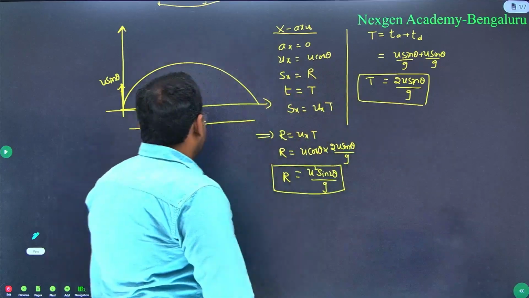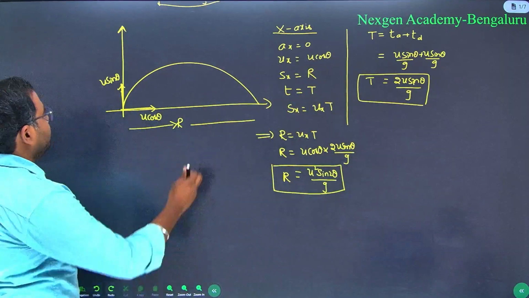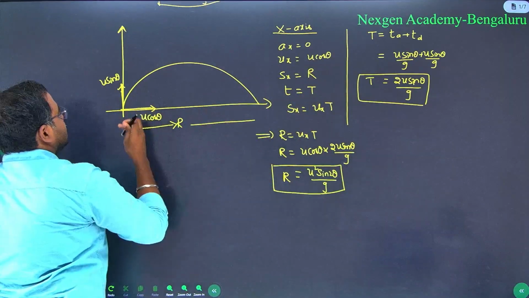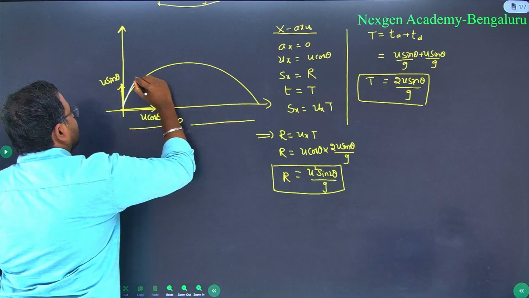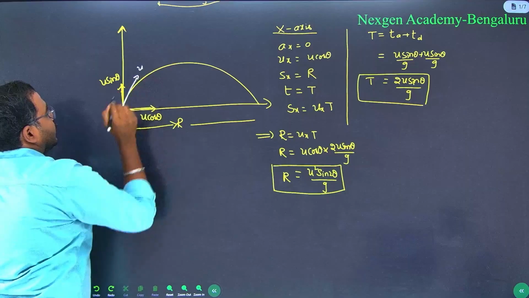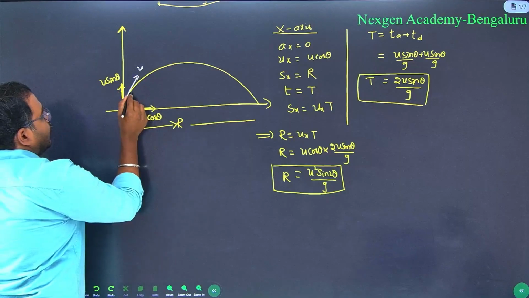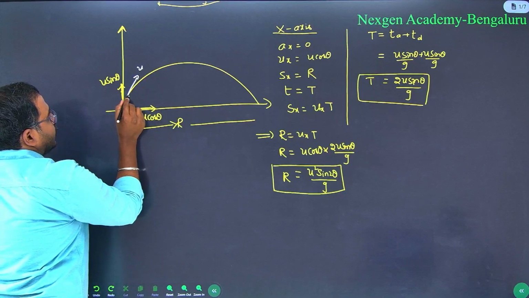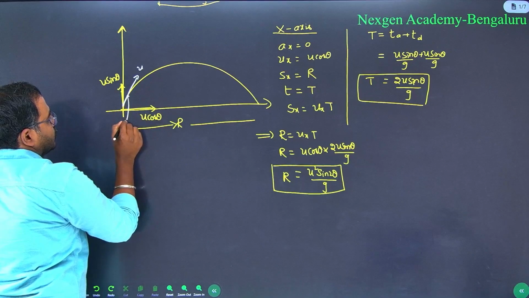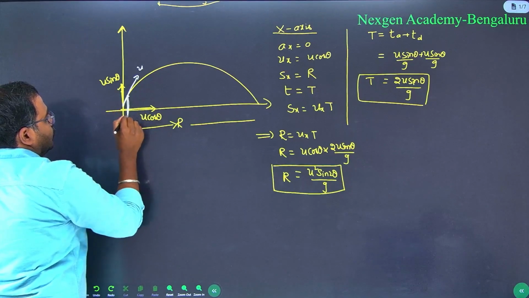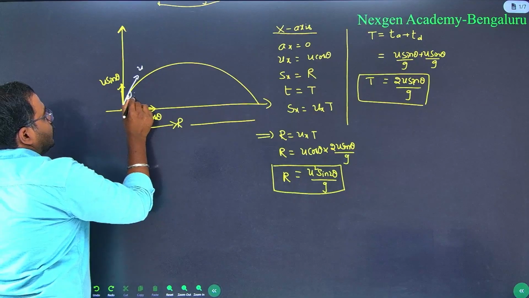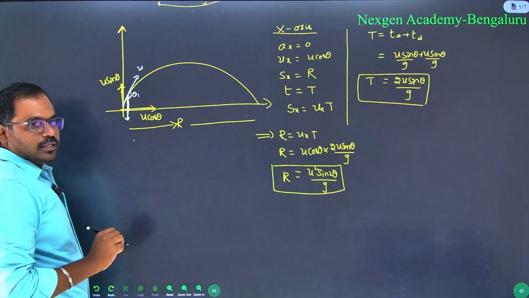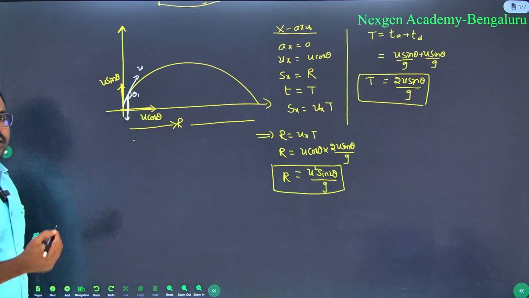Now look at this diagram carefully once again. Here velocity, if you take at this moment, this is the direction of velocity, and acceleration, if you take at this particular point, this is the direction of acceleration, vertically downwards. Now angle between velocity and acceleration, if you take, that is theta 1, that theta 1 is more than 90 degrees.